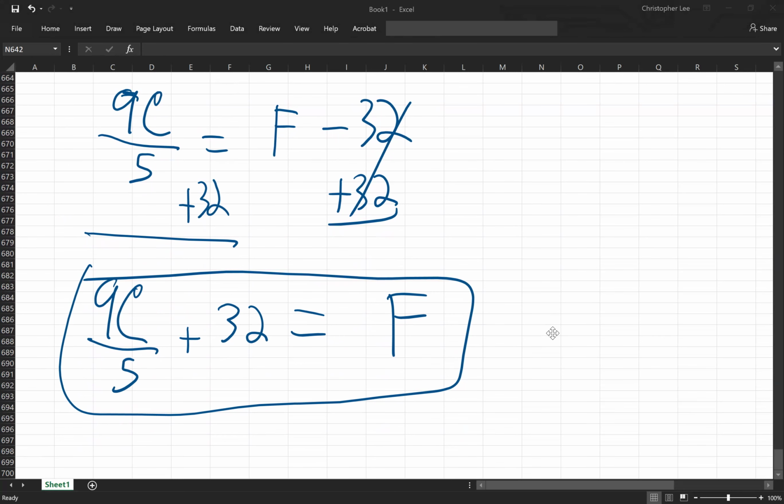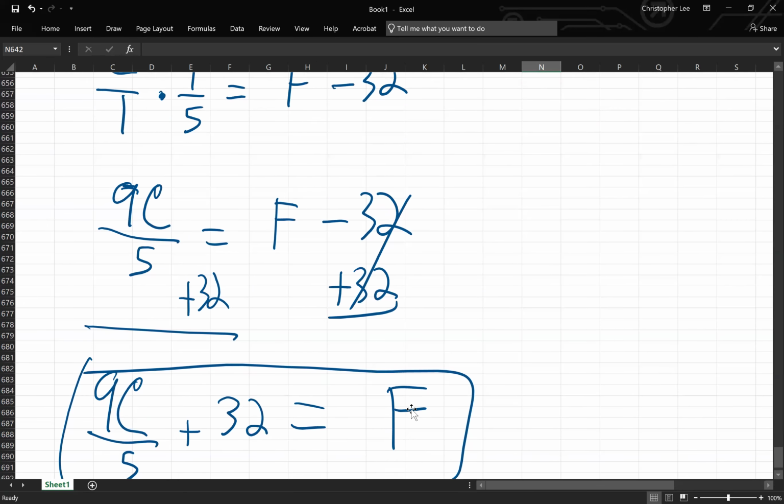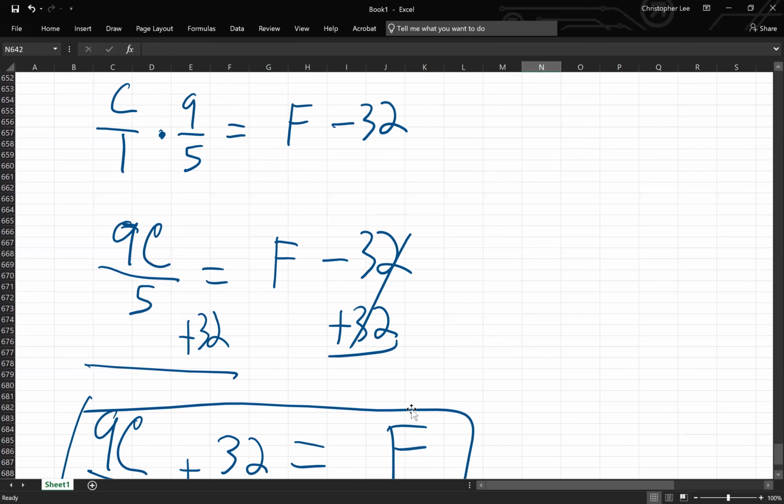From here, C over 1 times 9 over 5. So it's a fraction multiplied by a fraction, you just multiply straight across. So 9C over 5 equals F minus 32.